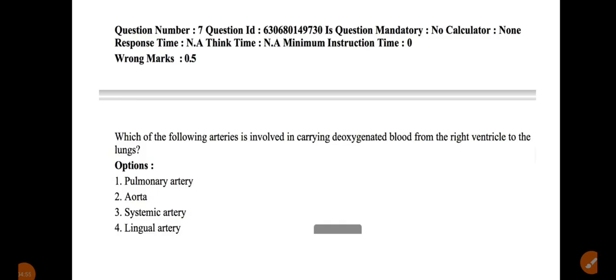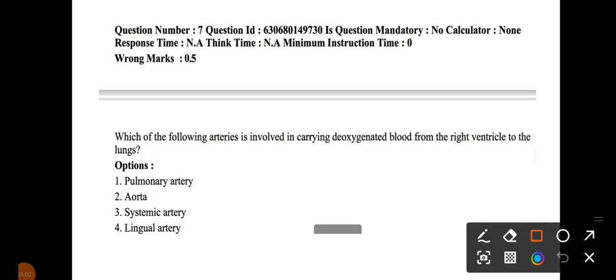What is the answer over here? That is the pulmonary artery, right? So the pulmonary artery carries deoxygenated blood from the right ventricle to the lungs. That is a question from HAP, Human Anatomy and Physiology. From HAP, the cardiovascular system and blood are very, very important topics from the exam point of view. So please go through them.